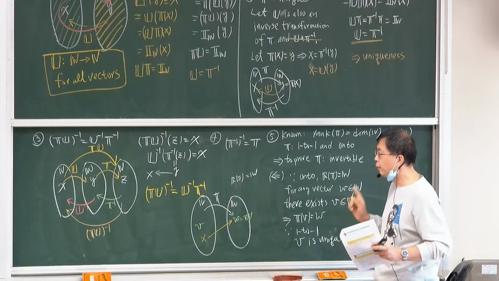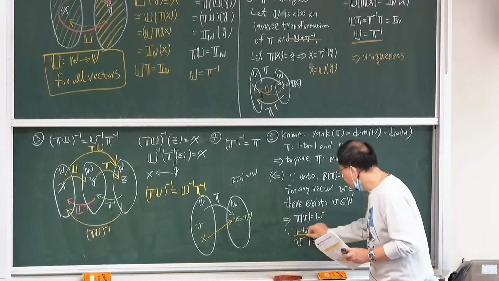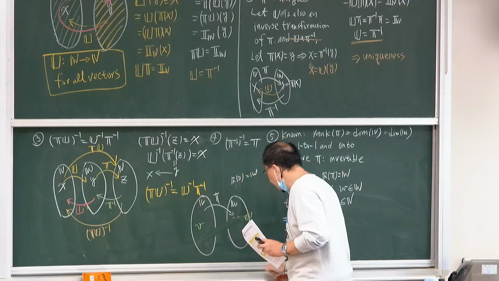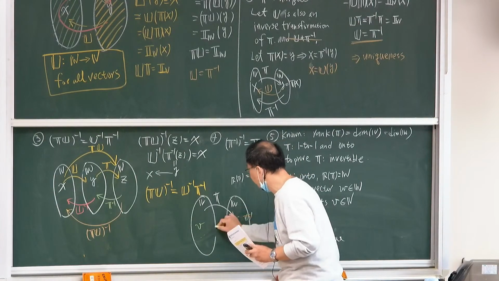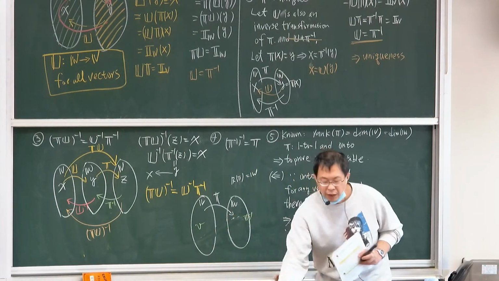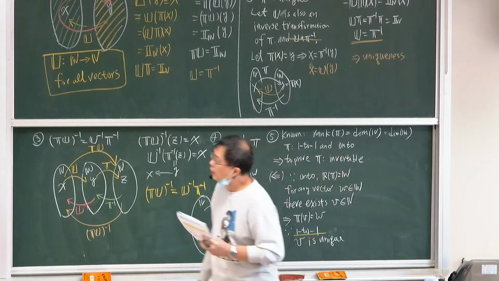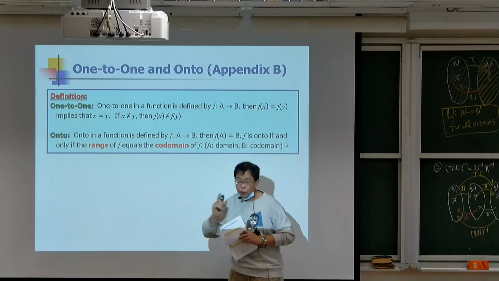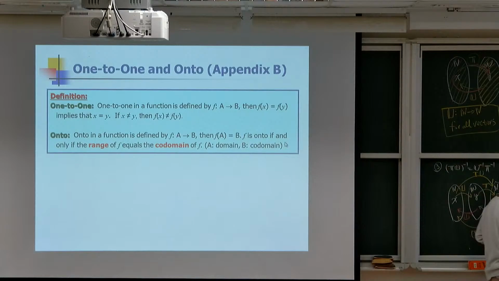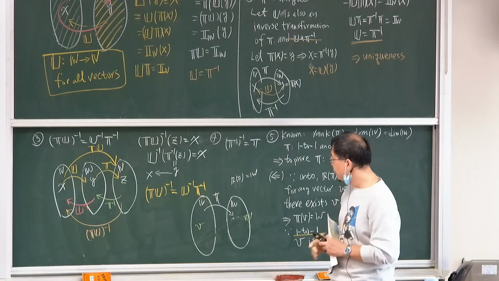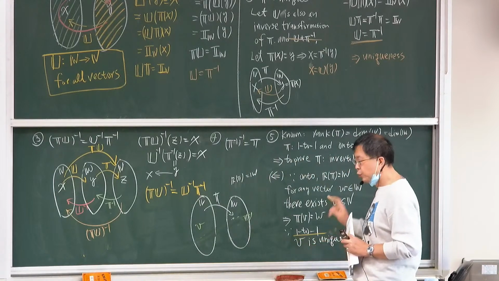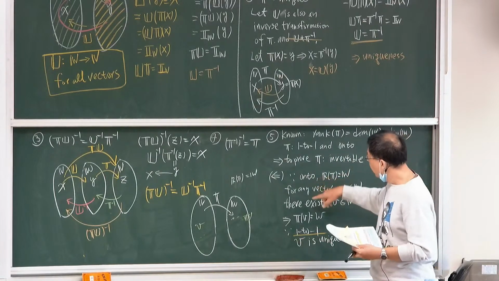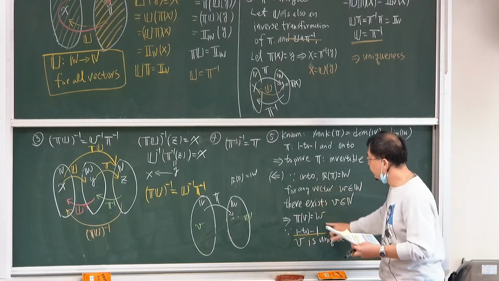But because it's 1 to 1, let's go back to the definition again. For 1 to 1, if f of x equals f of y, it implies that x equals y. So if T sub x equals T sub y, that means x equals y. So then it means that v is unique.